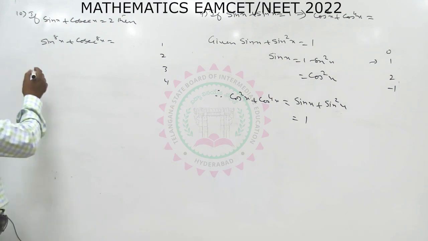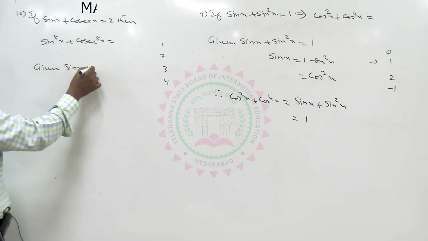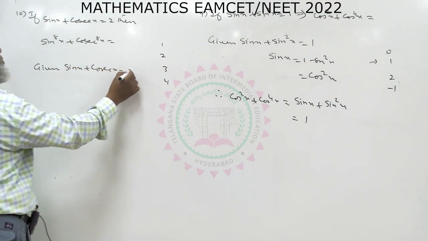So what is given? Sin x plus cosec x is equal to 2.